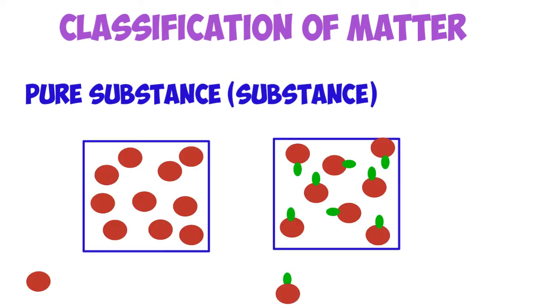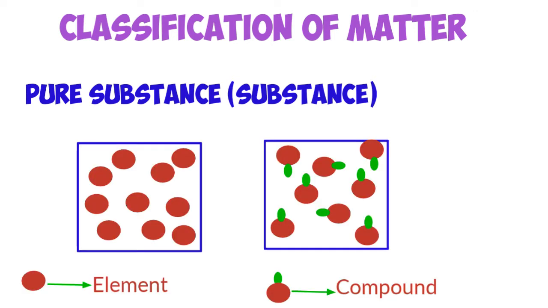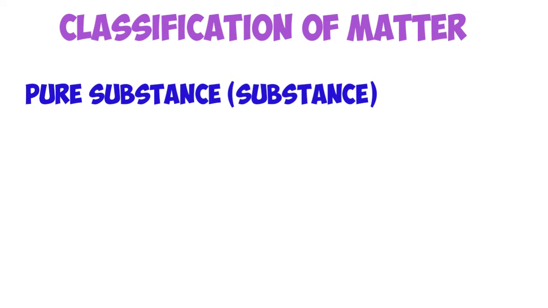This can either be one single element or one single compound. But every sample of this substance that you examine must contain exactly the same thing with a fixed, definite set of properties. Oxygen gas, copper rod, ammonia, water, etc. are examples of pure substance or simply substance.